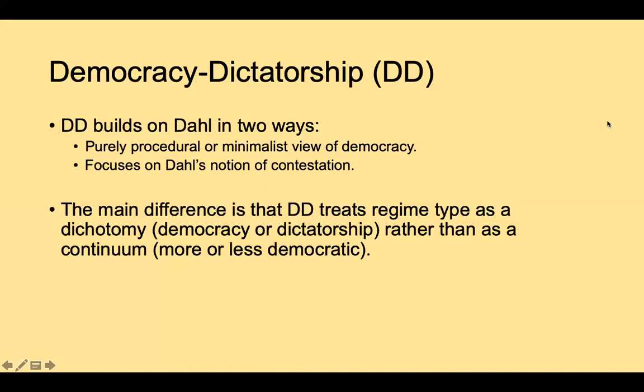That stands in contrast to Dahl, who said that really regime type and democracy are a continuum. That is to say that there are different degrees of democracy, there are different degrees of dictatorship. And this difference is really significant because this is one of the most important debates in the entire field when it comes to measuring and conceptualizing democracy. Is democracy dichotomous or is it continuous?